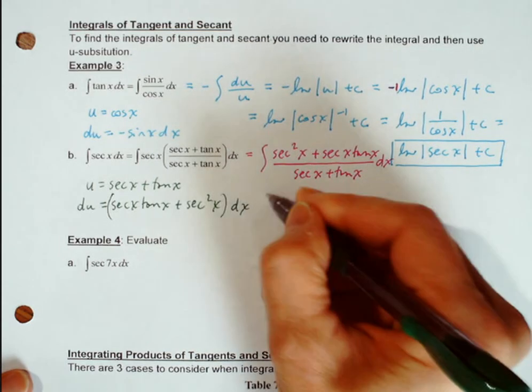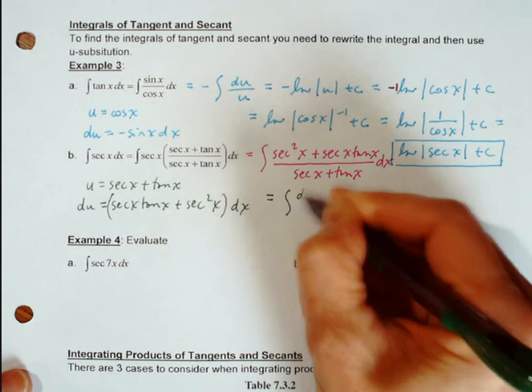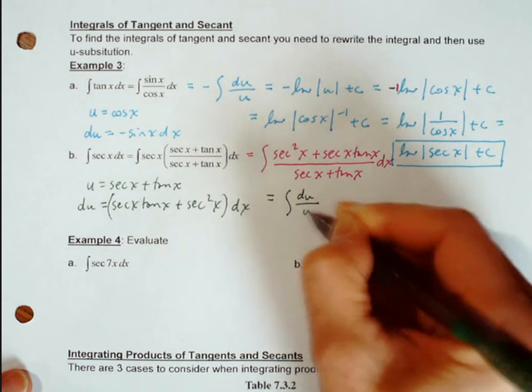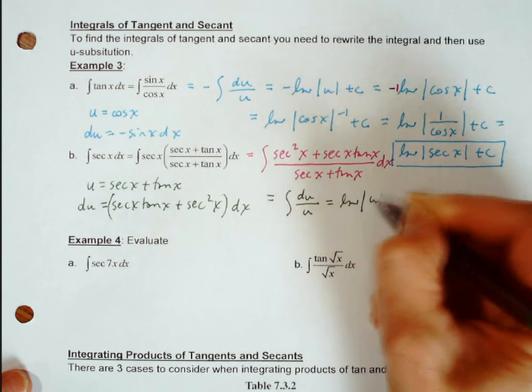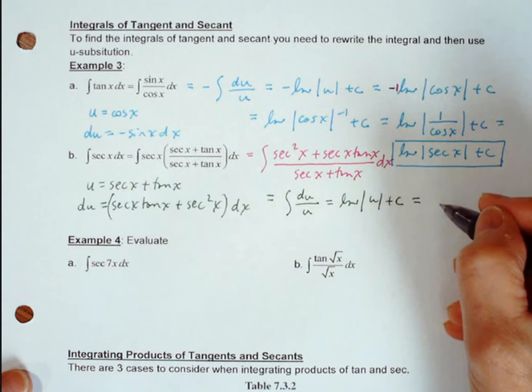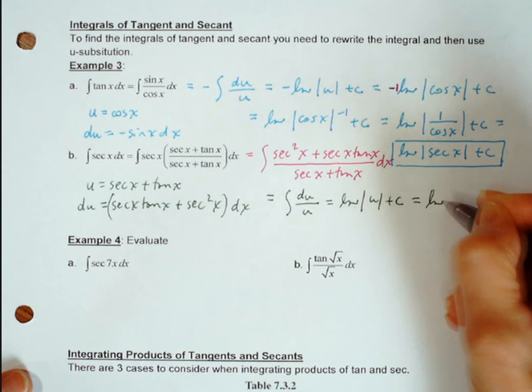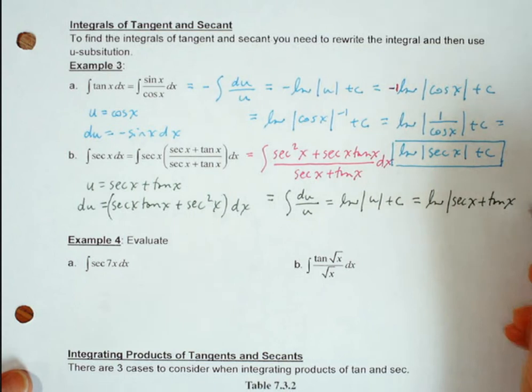So that's a very convenient u sub. So then you end up with the integral of du over u, and that is equal to the natural log of absolute value of u plus c. And then substituting in u equaling secant of x plus tangent of x, you get the natural log of absolute value of secant of x plus tangent of x plus c.